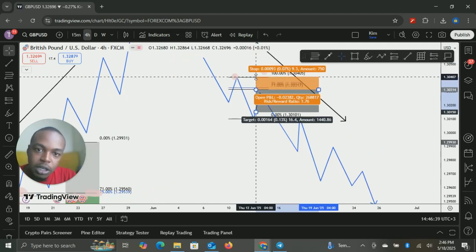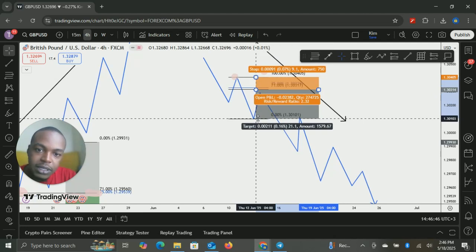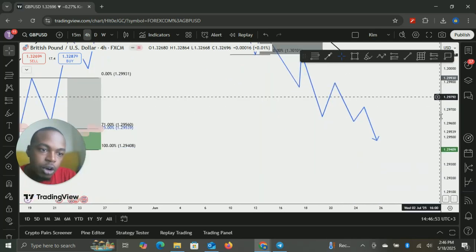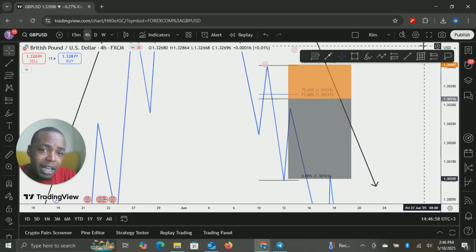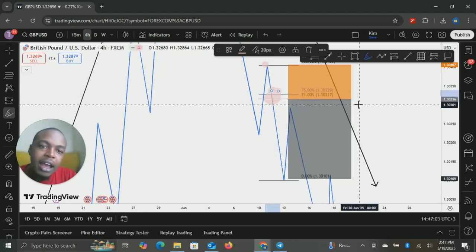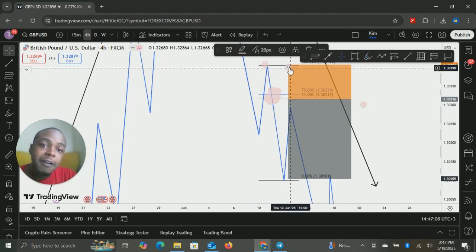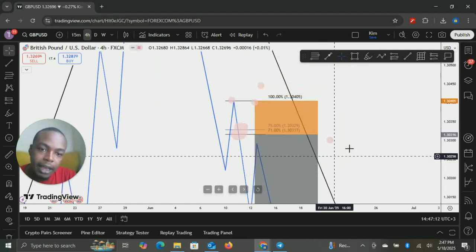Again, let me show you. It will be 2.45 RR if you get into the 71%, and if you get to the 75%, you get a risk to reward ratio of exactly 3 RR. But remember, we have to have a fair value gap here at the 71% if you're taking your trade at 71, and at the 75% if you take your trades at 75% fib level.